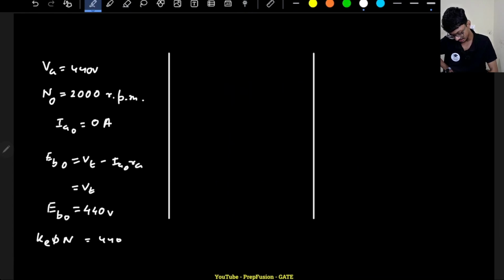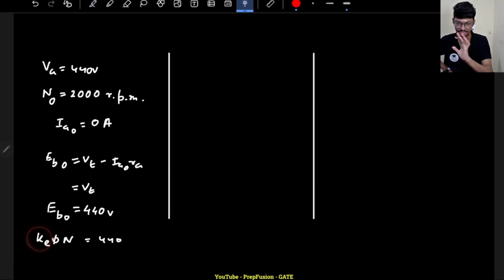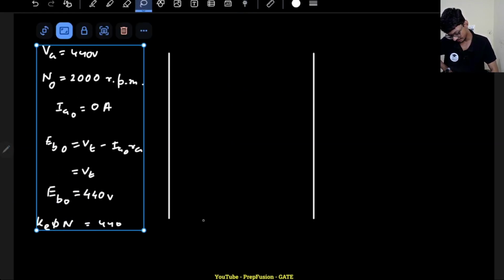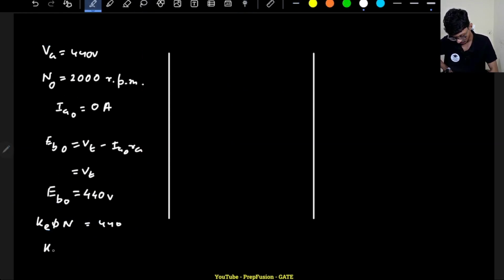If I change here to Ke phi n, just this constant will change, that's it, because omega and the revolutions per minute are dependent on each other by a constant factor. So just this constant will change, that will not make any difference. So I can directly find out this Ke phi value. So Ke phi will be 440 divided by 2000. So I got my Ke phi value.